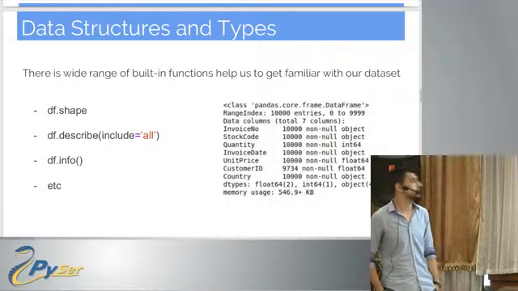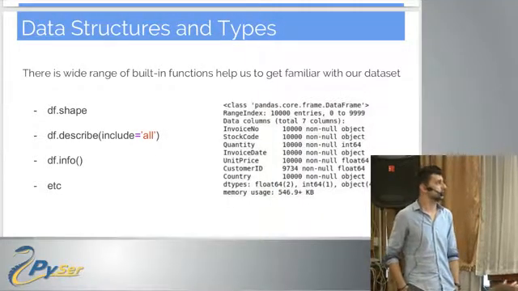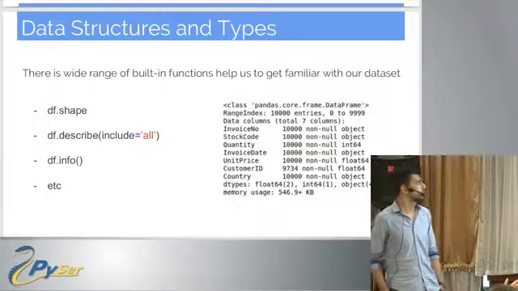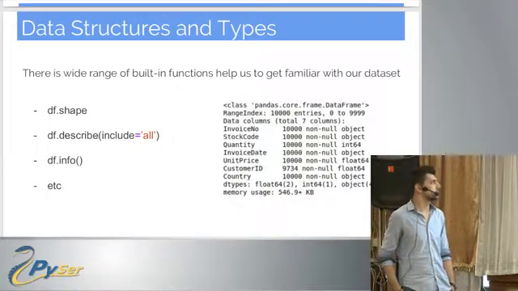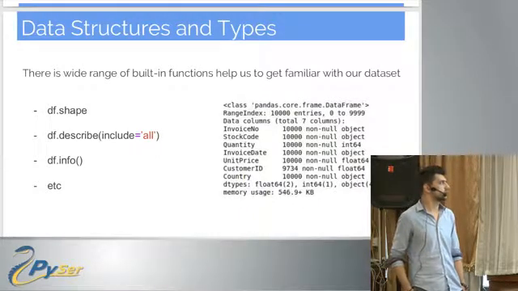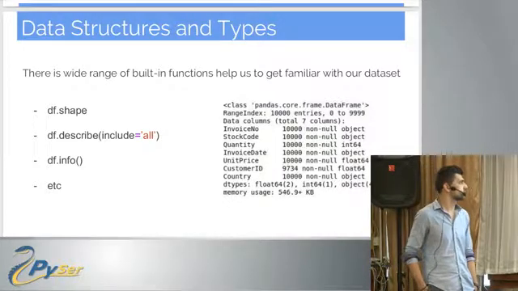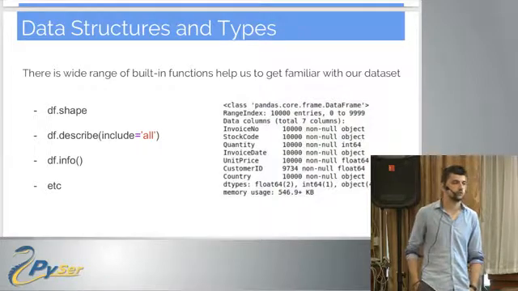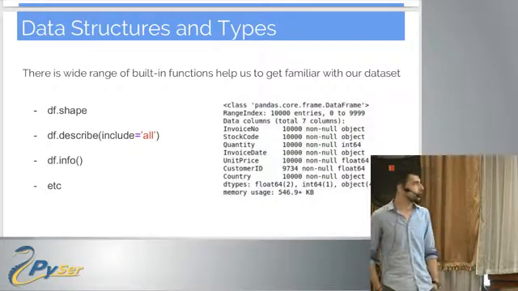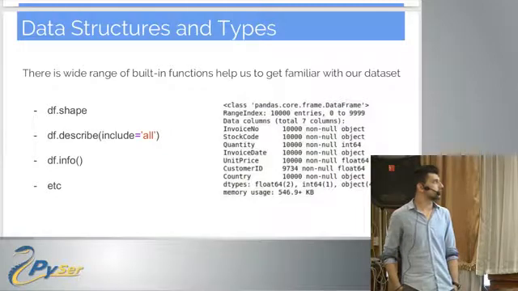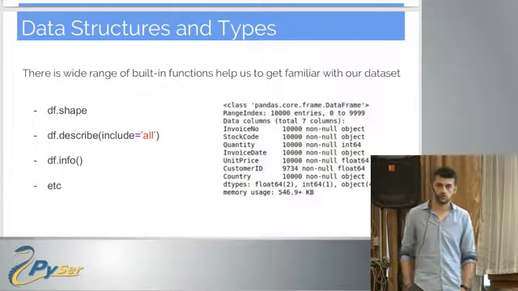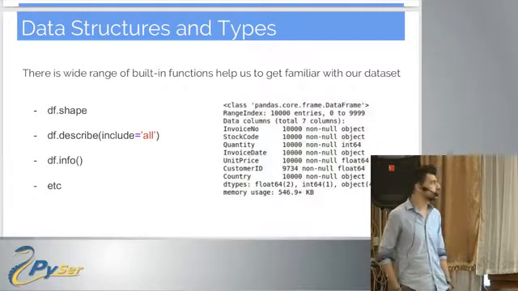These few slides help us to get familiar with data sets, and there is a really wide range of built-in functions for that. For example, .shape will return us a tuple with two values. The first value is the number of rows, and the second value is the number of columns in that data frame.